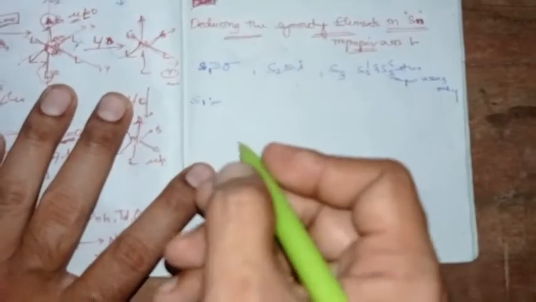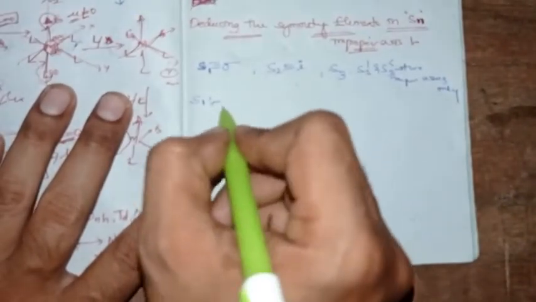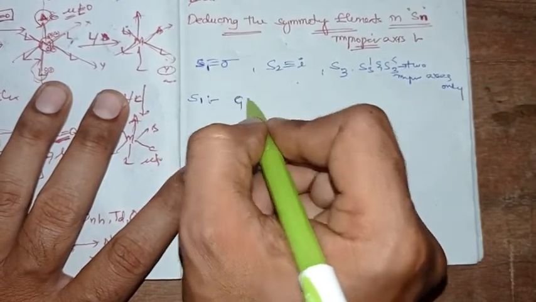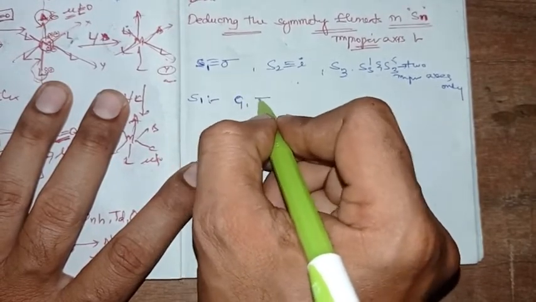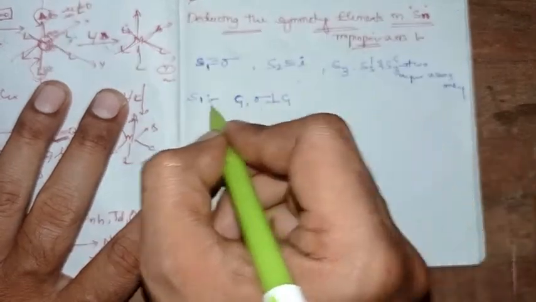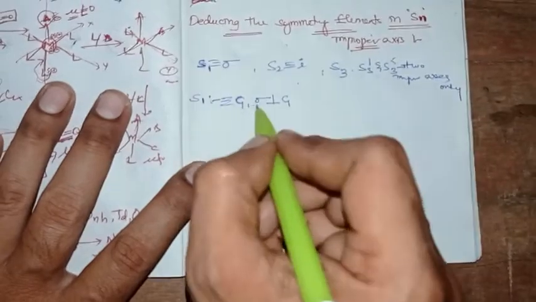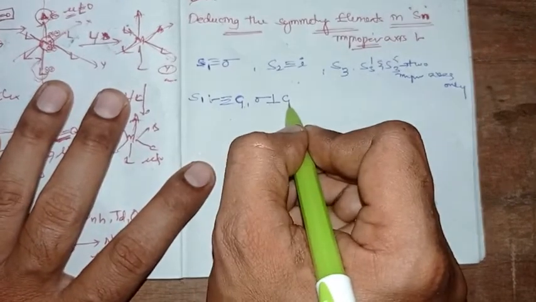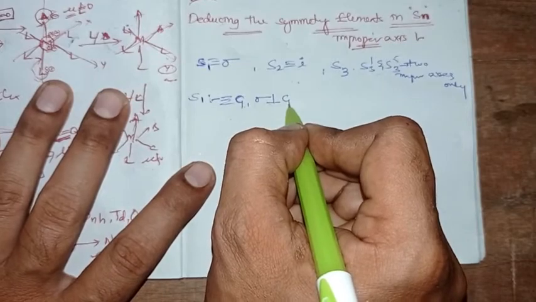So having the S1 point group, which means C1, right, followed by sigma, which is perpendicular to the C1. S1 is equivalent to C1 followed by sigma perpendicular to C1, right?